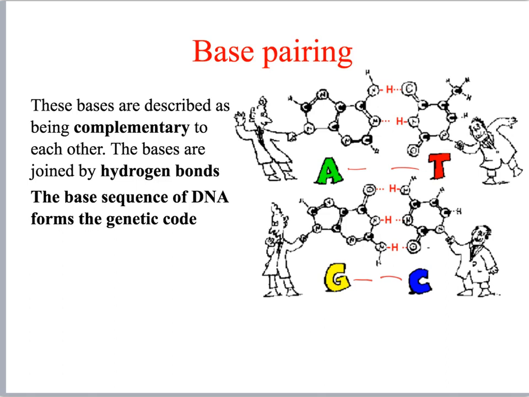The bases are joined together by hydrogen bonds, and so when you end up with your two strands, the sugar phosphate backbone and the bases, you remember you've got your base pairing, and this base sequence forms a genetic code.